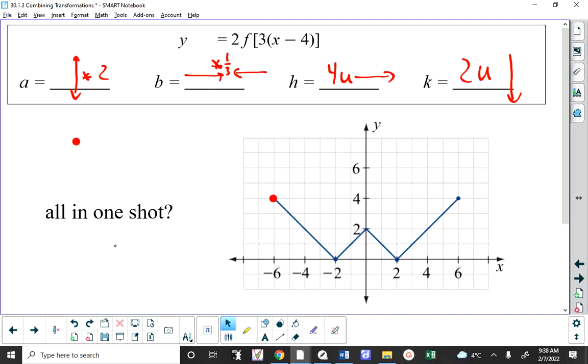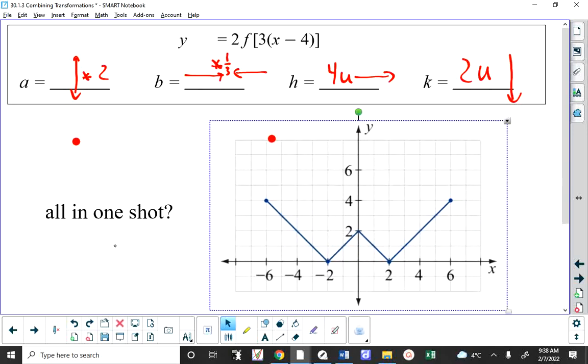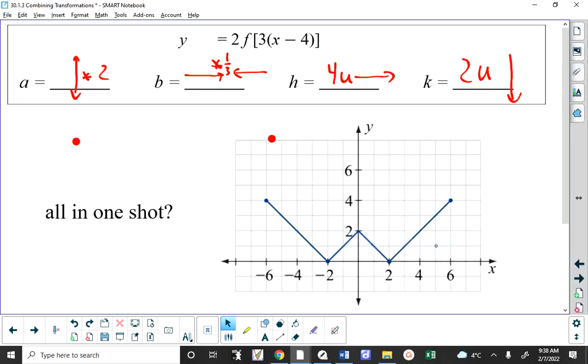I'm going to stretch it vertically by a factor of 2, which puts it twice as far away. I'm going to stretch it horizontally by a factor of 1/3, which is going to put it 2 away. And then I go 1, 2, 3, 4 to the right and 2 down, and then I go to my next point.